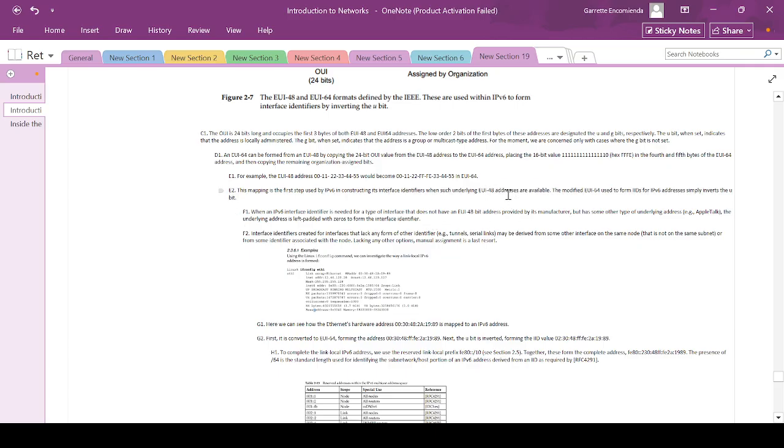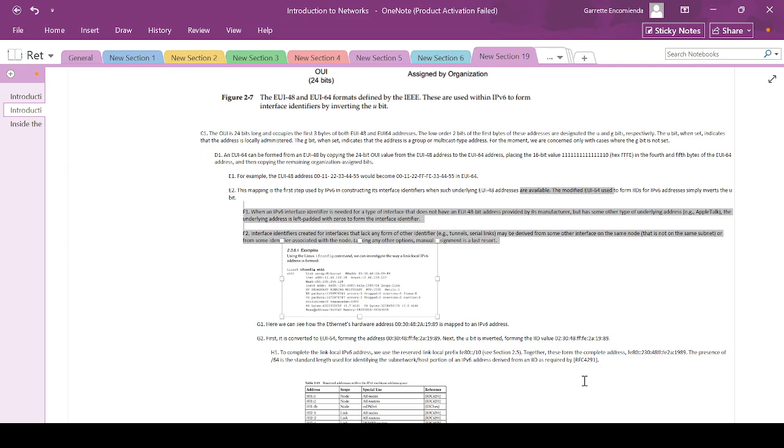When such underlying EUI-48 addresses are available, the modified EUI-64 used to form IIDs for IPv6 addresses simply inverts the U bit. So again, this mapping is the first step used by IPv6 in constructing its interface identifiers when such underlying EUI-48 addresses are available.